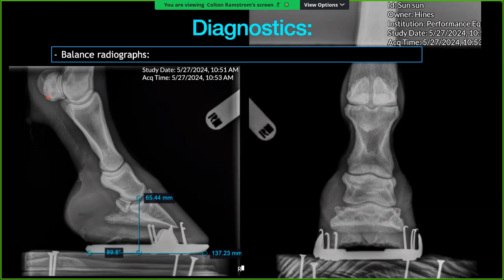And then again, we're not looking at the fetlock on this image, but you can see here maybe there's a little something going on there off that sesamoid bone, and maybe this is what we're seeing on that lateral projection. Excuse me, a little fragmentation of that lateral suspensory branch.